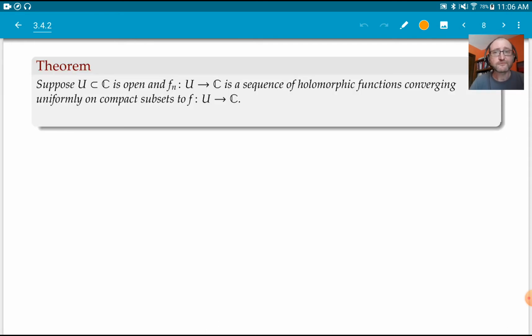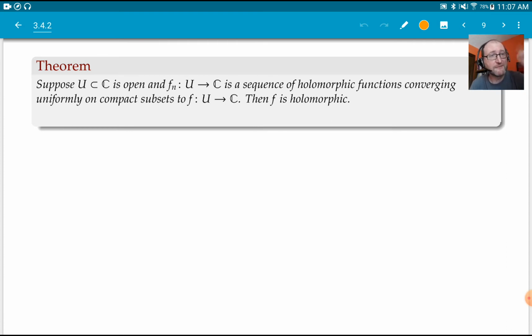All right. So let's prove that this is the right topology. Suppose that I have a sequence of holomorphic functions and they converge uniformly on compact sets to some function f. Then f is holomorphic. Now, it's not just that.